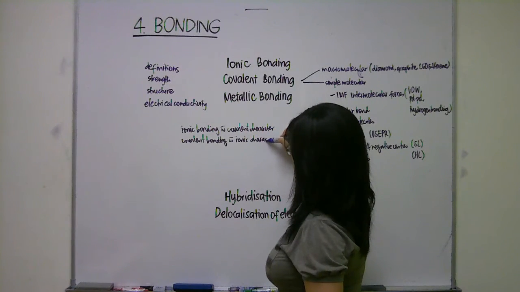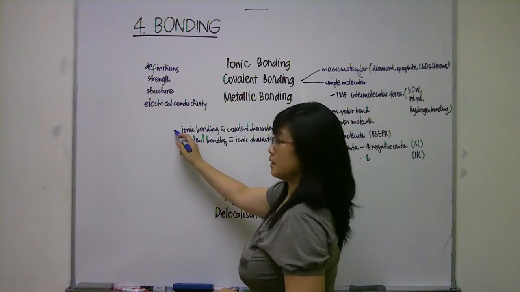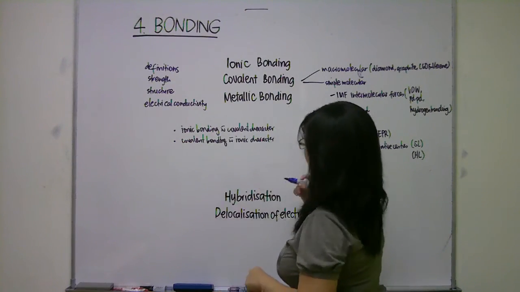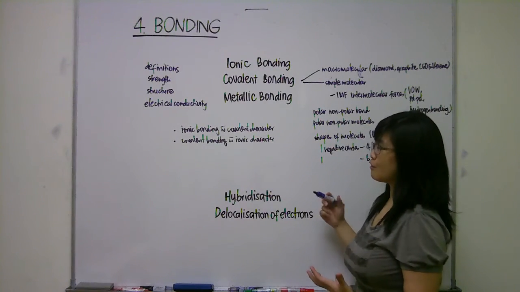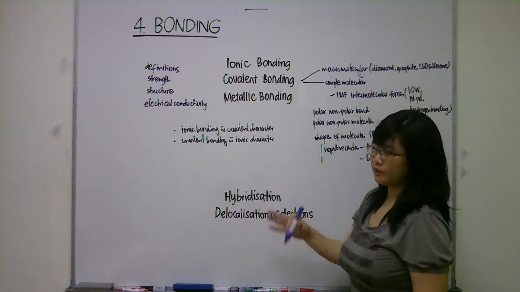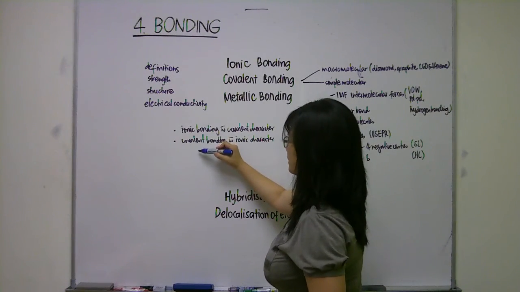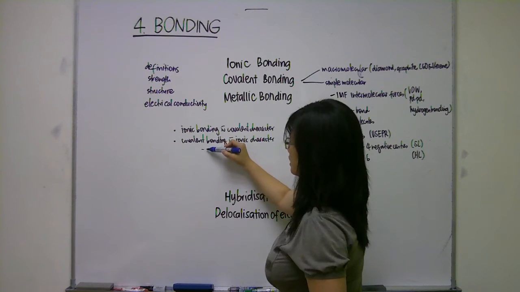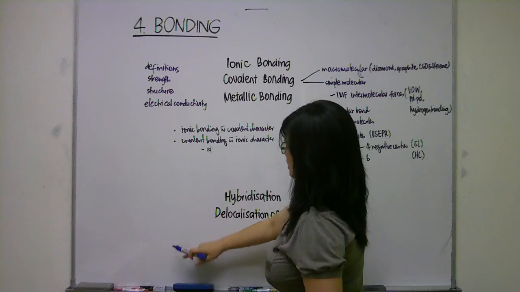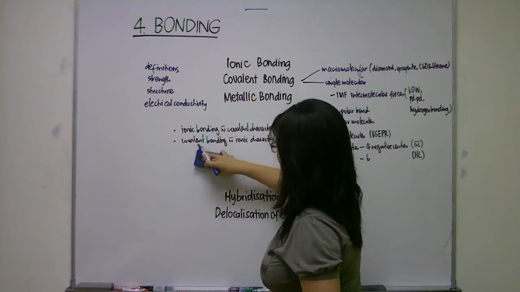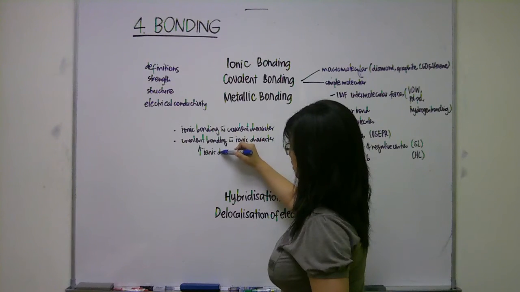For the first type, you need to know the factors that will affect the degree of ionic character in each bond. For example, the factors for an increase in ionic character.